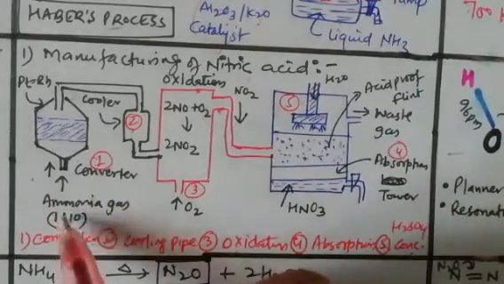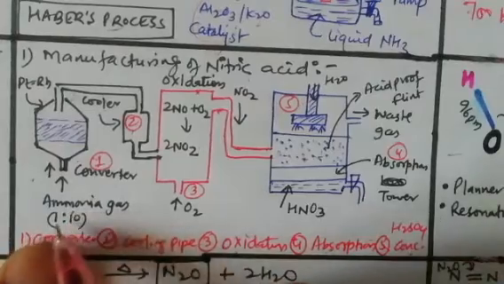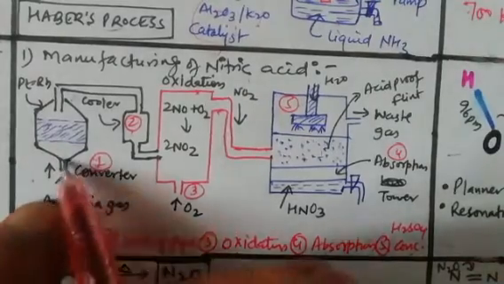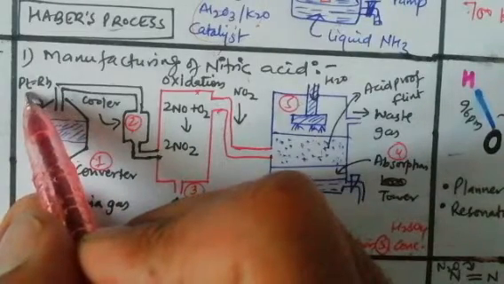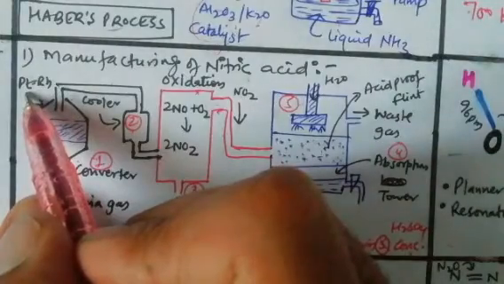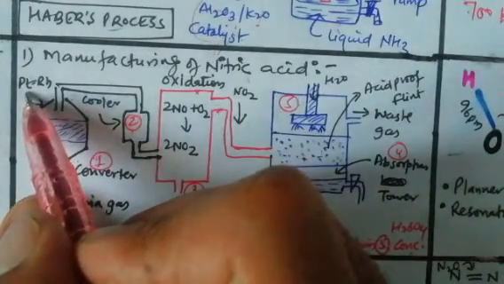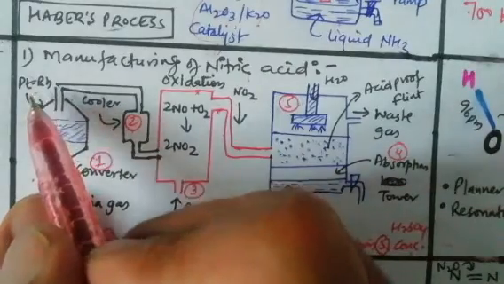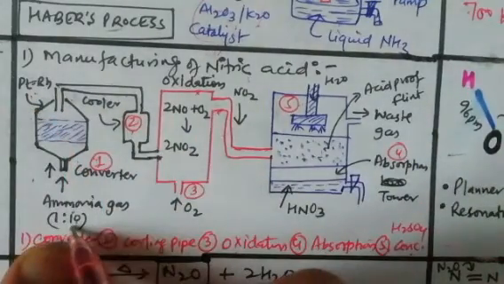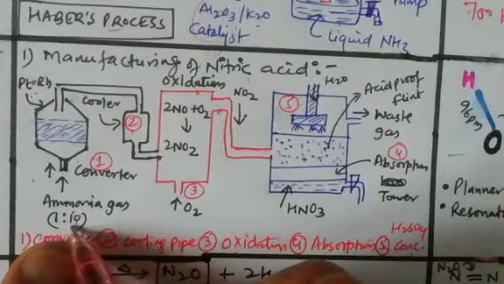Now what is happening: we pass ammonia from here with the ratio of 1:10. It will pass through the converter, where we have platinum. It is known as the Ostwald process, in which platinum is used as a catalyst. This method is based on the catalytic oxidation of ammonia by atmospheric oxygen for the manufacturing of HNO3.